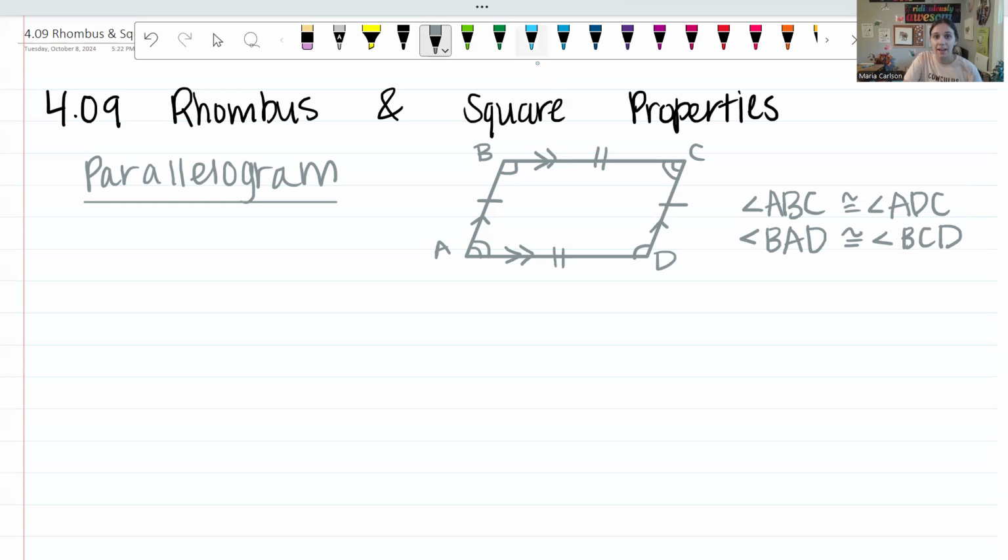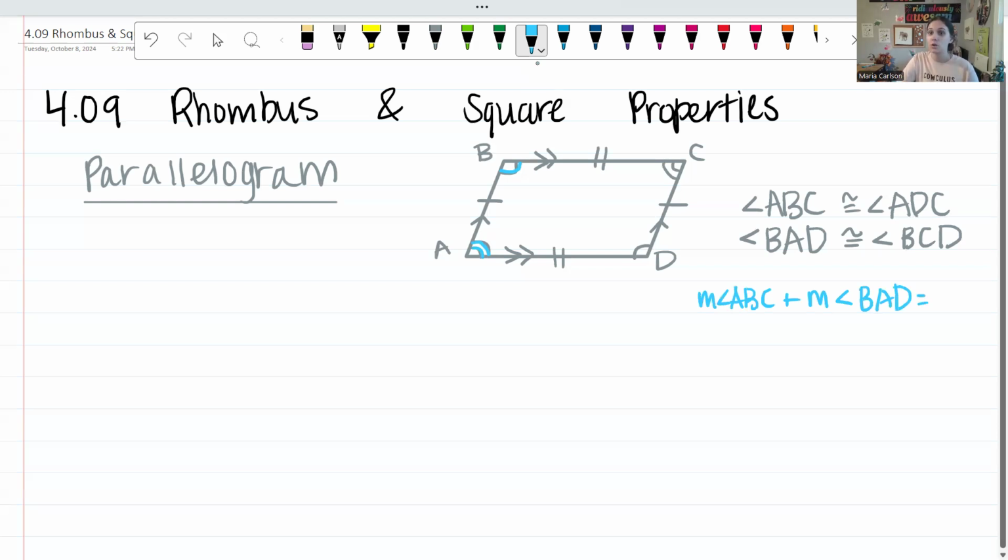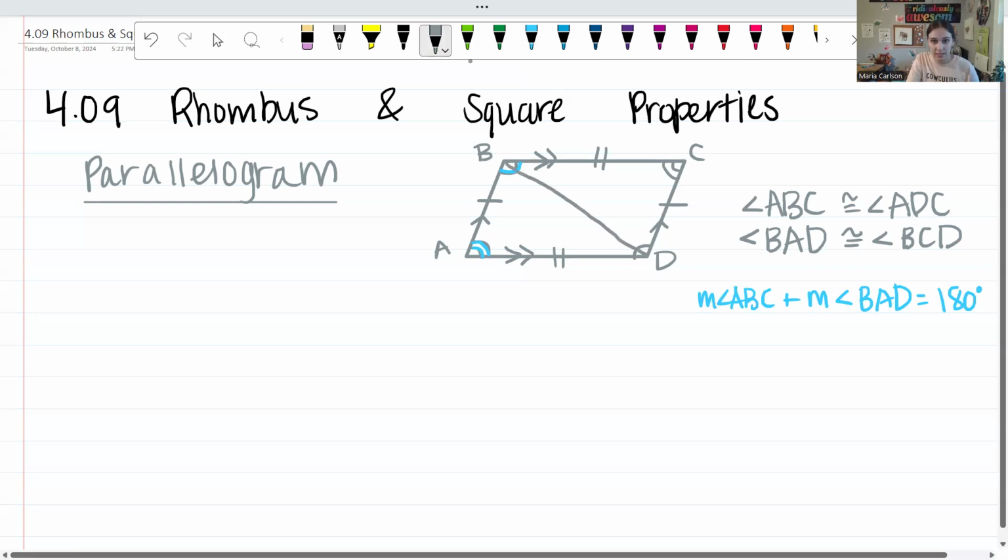So if I add angle B and angle A together, the measure of angle ABC plus the measure of angle BAD, right? Angle B plus angle A is 180 degrees. Those angles are supplementary. Another property of parallelograms is that the diagonals bisect each other.